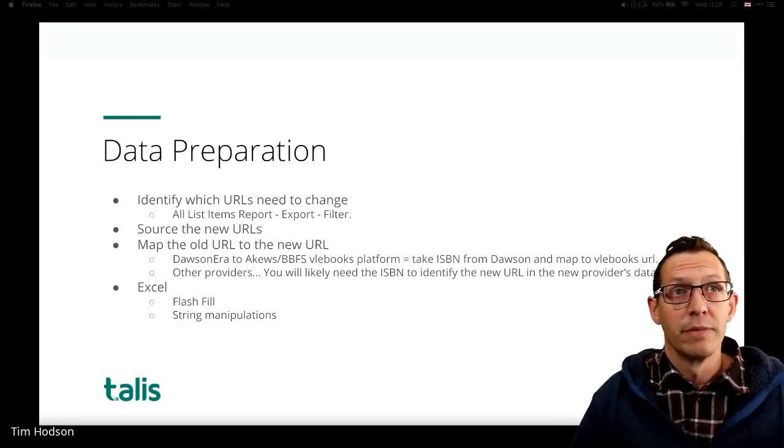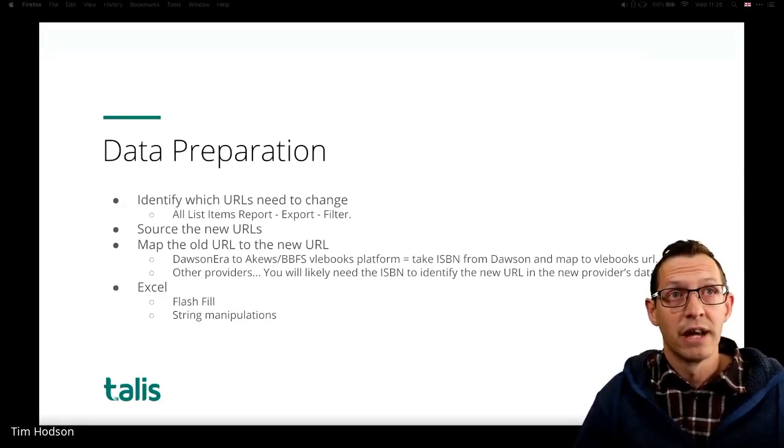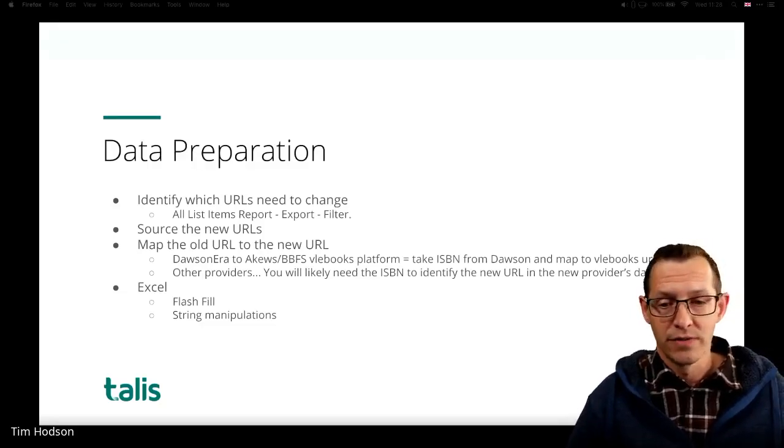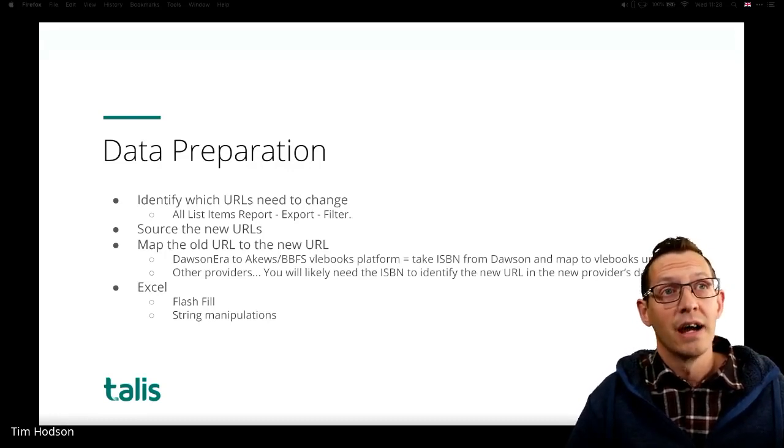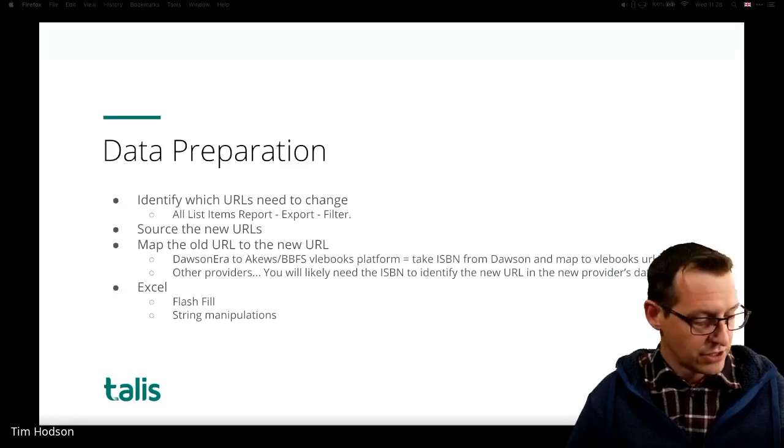And I've mentioned those two things there about the ISBNs for Dawson Era and Askews, and for other providers, you'll need to ask them. And I've talked about Excel, about the flash fill option for actually finding the ISBNs in the string. And we had a quick look at a very simple string manipulation.